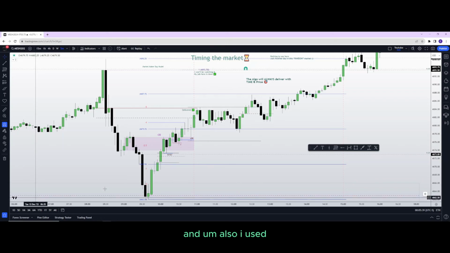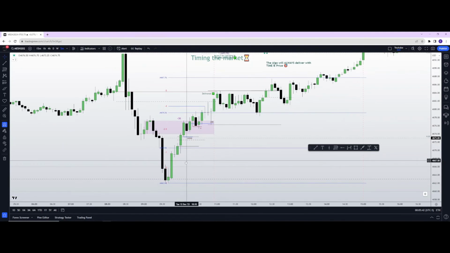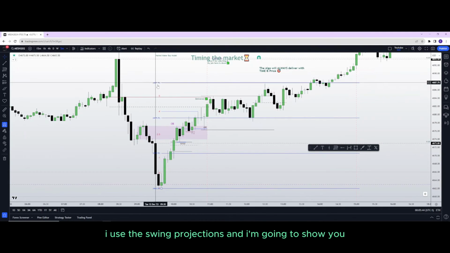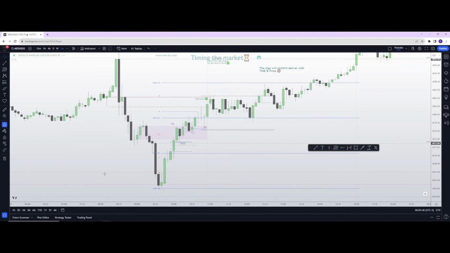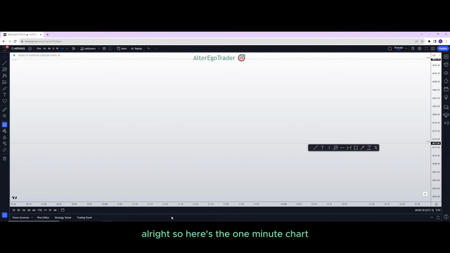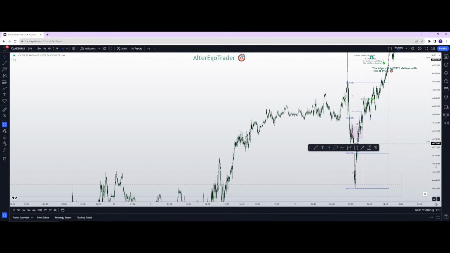I also used swing projections, and I'm going to show you. Here's the 1 minute chart.